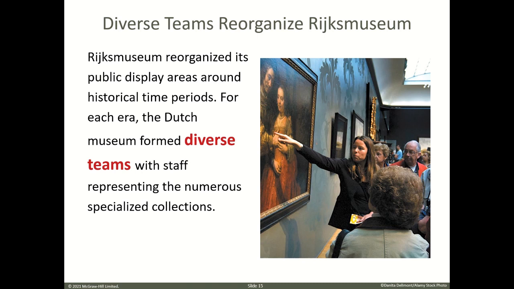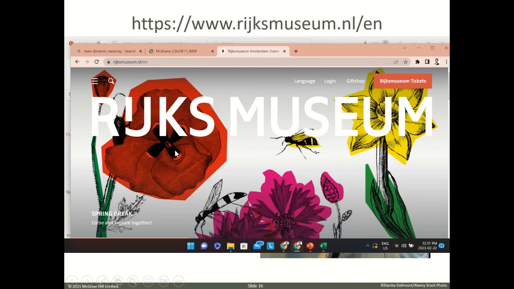It is a museum recognized for its public display areas around historical time periods. For each era, the Dutch Museum formed a diverse team with staff representing the numerous specialized collections. Right? So this is the website, if you would like to go into detail with this. You can just write the name of the website from here.